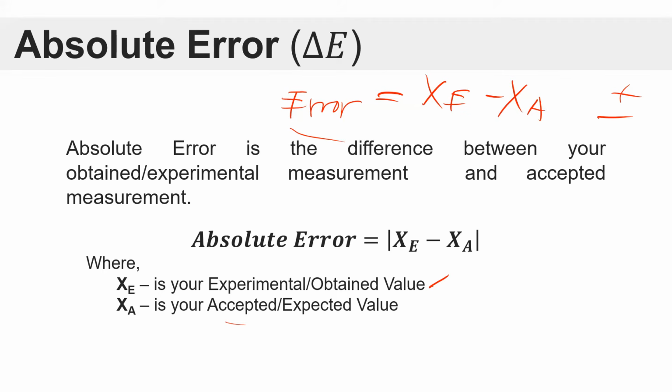If we have 12, for example, as our accepted or true value, and then we have a measured value of 13, the absolute error simply tells you the gap between these two. So here it is just 1, right? The absolute error will always be positive because of this absolute sign here.